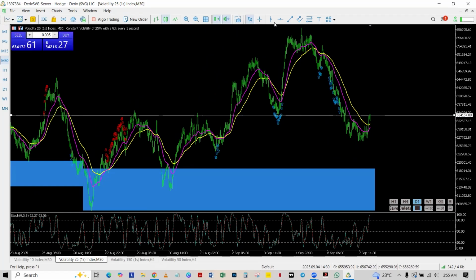Once the pullback is completed, then I'm going to sell, and I'm going to make this level here my take profit. Here I'm expecting a sell signal that's broken this line.